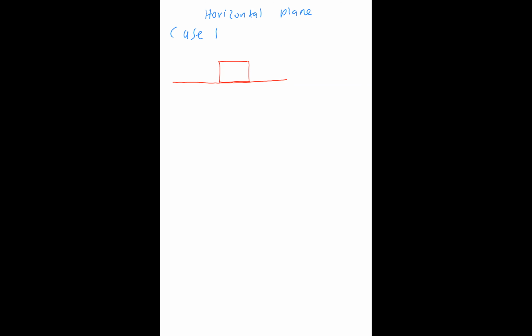So this is the free body diagram for this object. We're going to have a dot. I will draw a free body diagram using a dot.